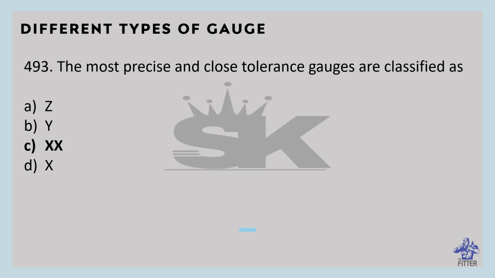So here for XX, the allowance deviation is 0.00002.